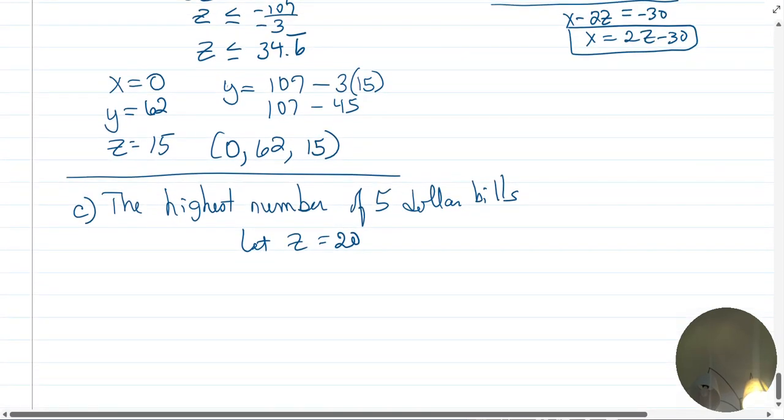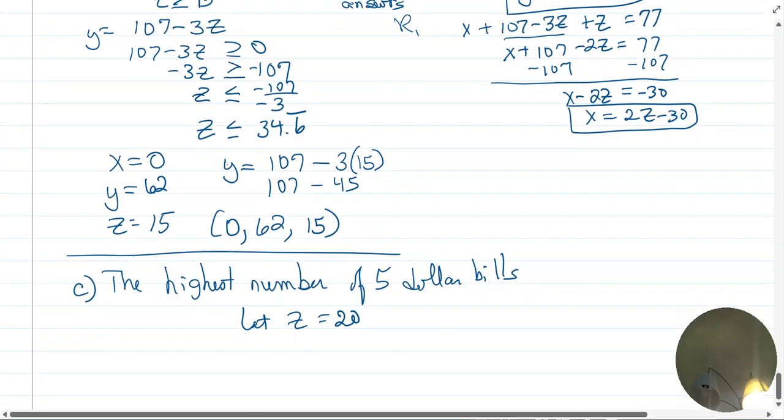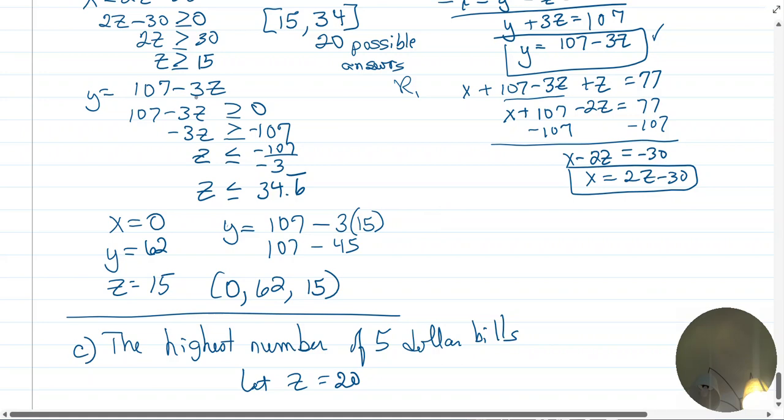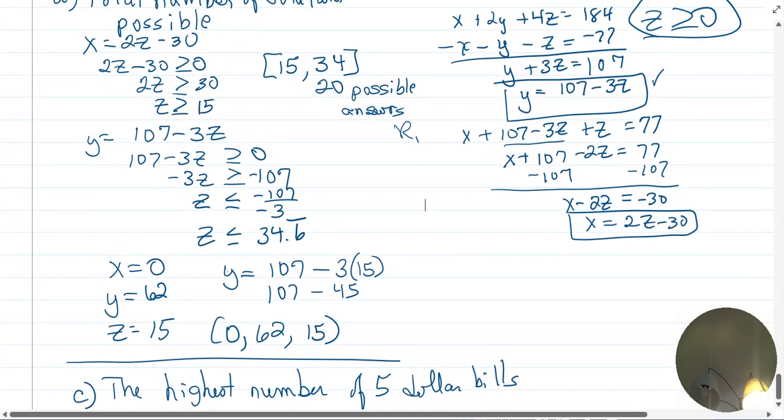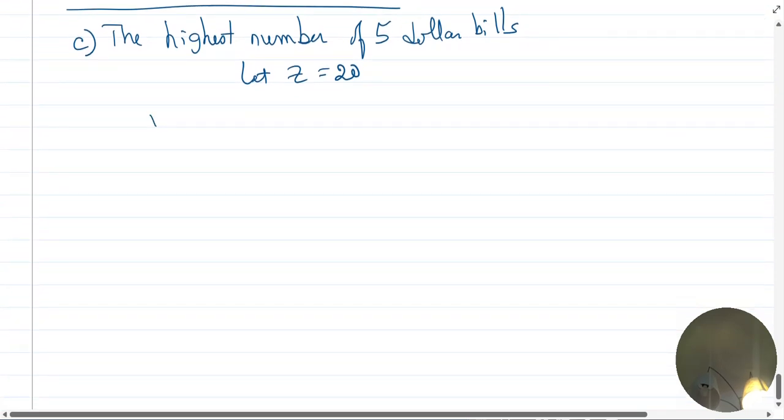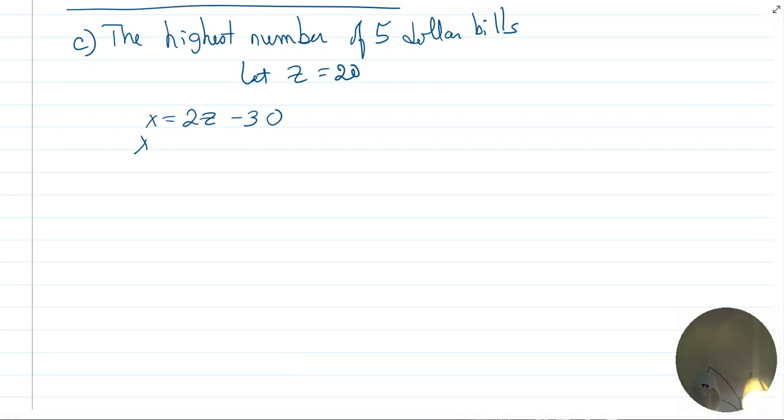So that we would have the highest number, that was 20 possible answers. So we'd have 20. And then we would have for our x, let's see, 2z minus 30. It should have 40.